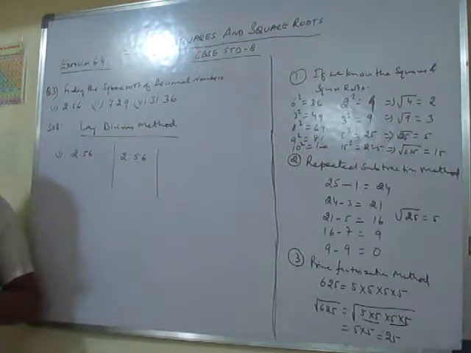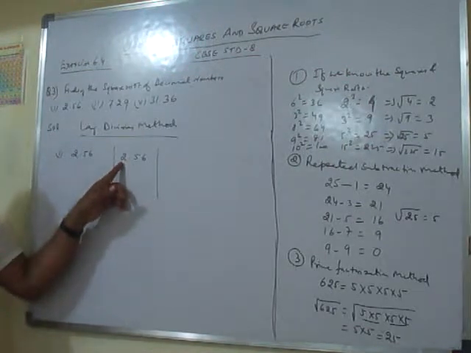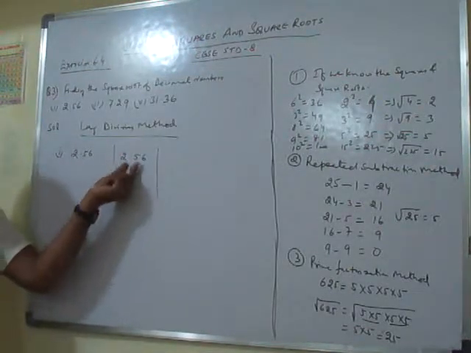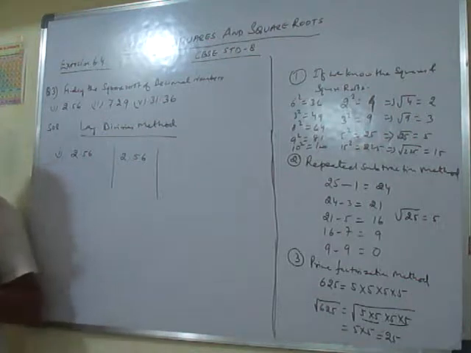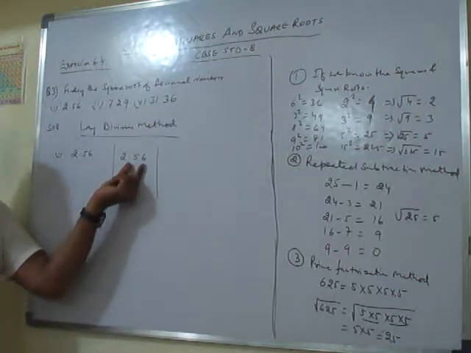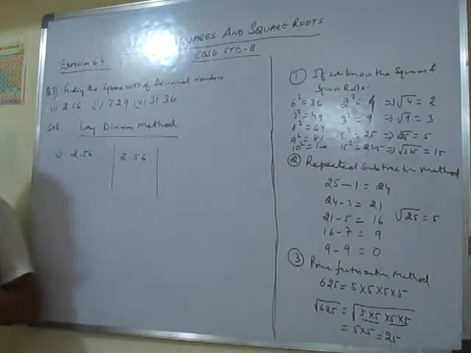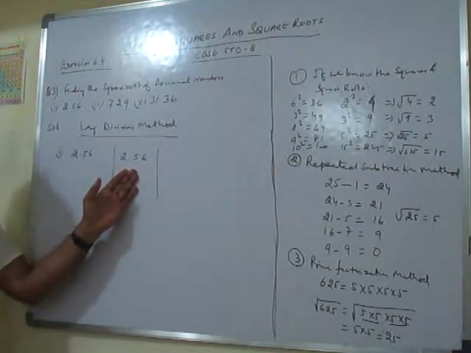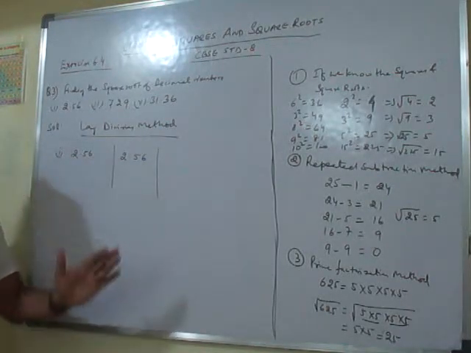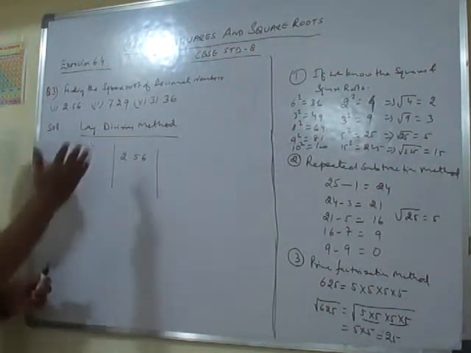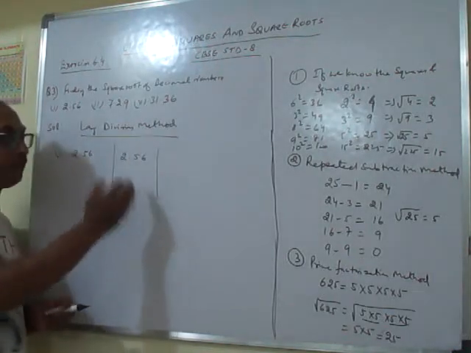This 2 is called the integral part, and after the point, 5, 6 is the decimal part. In non-decimal numbers we started pairing of the numbers from the left-hand side.